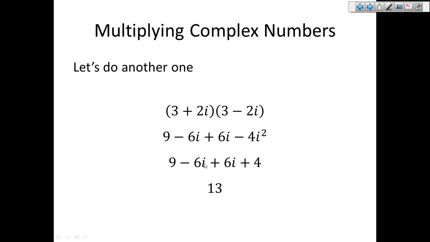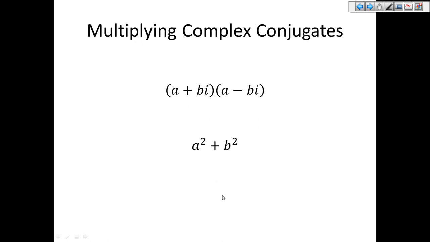And there's actually a trick that you can use to find this real number fast. So let's talk about how to do that. If you multiply complex conjugates, the exact same complex number except this sign in the middle is opposite, it will always equal a squared plus b squared. That is your real number squared plus this imaginary coefficient squared.